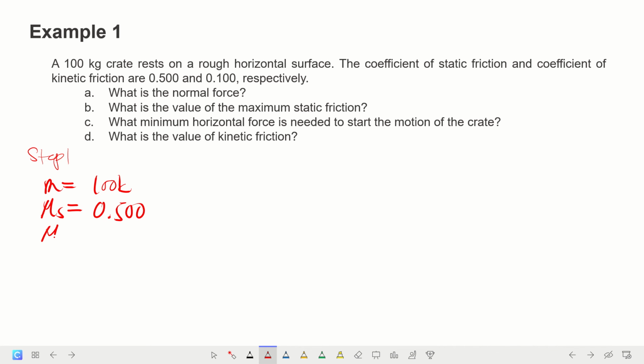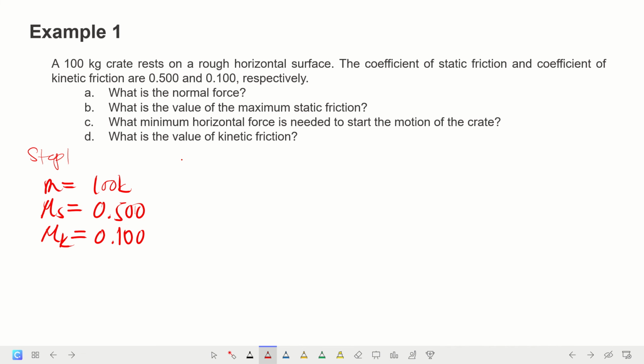And the coefficient of kinetic friction is equal to 0.1. As you can see, if we have the same surfaces, the coefficient of static friction is greater than the coefficient of kinetic friction.